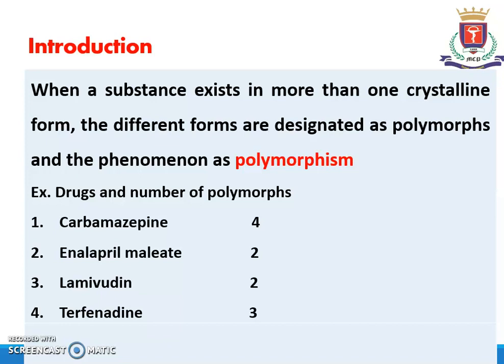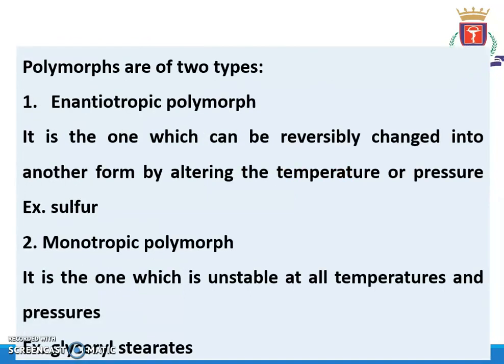For example, a number of drugs are available in different polymorphic forms, like carbamazepine having 4 polymorphs, enalapril maleate 2 polymorphs, lamivudine in 2 polymorphic forms, terfenadine in 3 polymorphic forms.